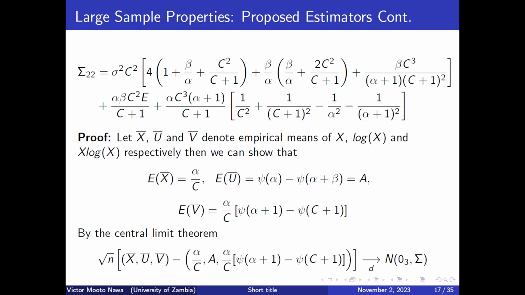Because generally you observe that for most of these distributions where it's not possible to get closed form maximum likelihood estimators, for some of them it is possible to get the method of moments estimators. But then you notice most of those method of moments estimators are not efficient. You find the variances are quite huge.